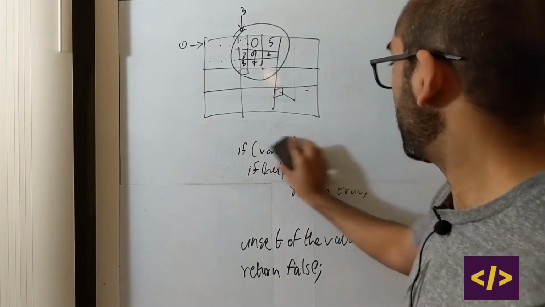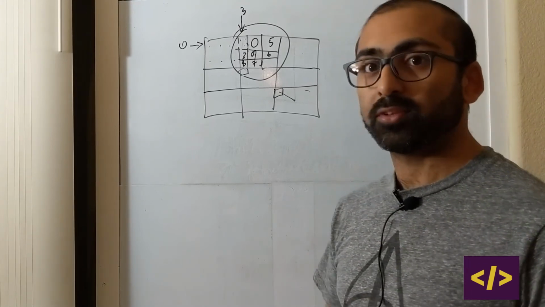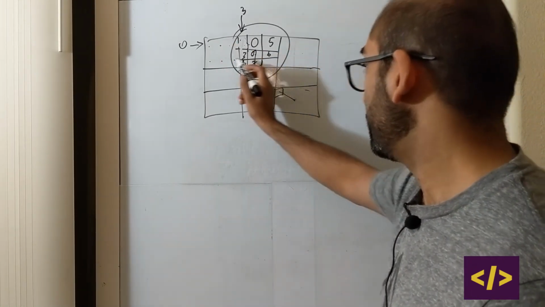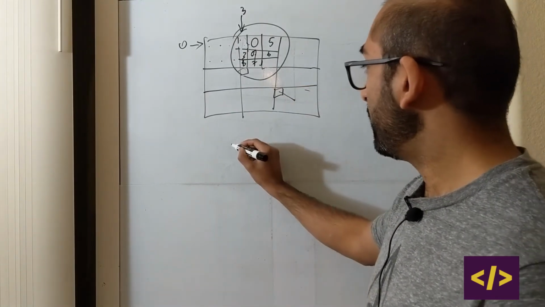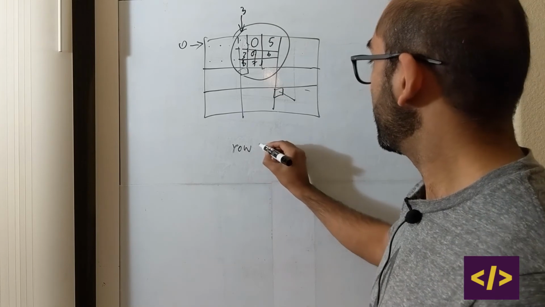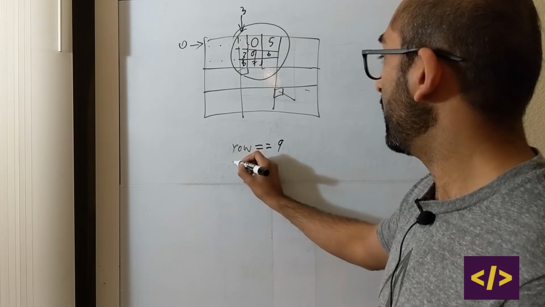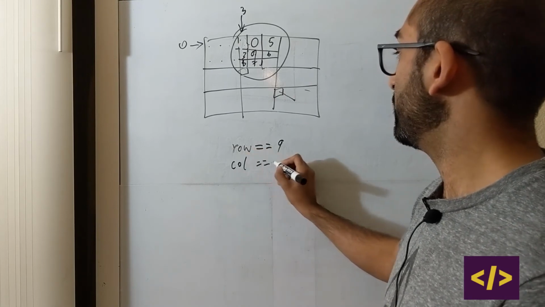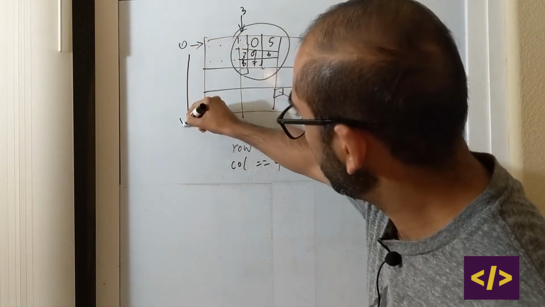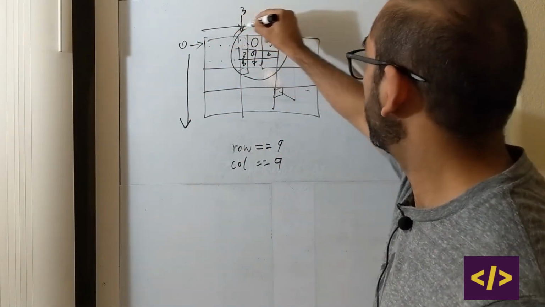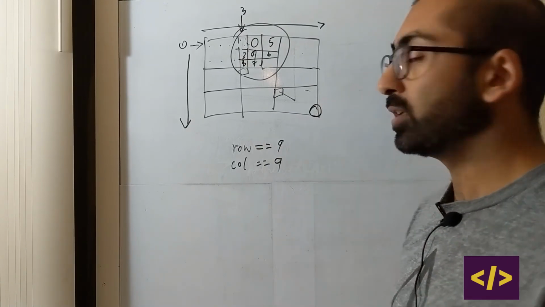Finally, let's just see when this is going to terminate. When do you think this would terminate? You keep going, you keep going, you keep going. And finally, if your row is equal to 9 and your column is also equal to 9, that basically means that your row has come all the way down here and your column has moved all the way down here, which means that you have reached this position.